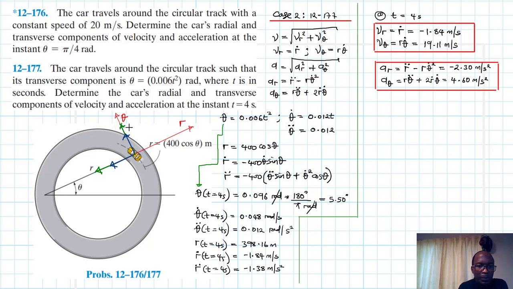So let's label them. This one is a theta, this one is a r, and this one is v theta, right? And this one is v r. Okay. All right, so I think this is about it.